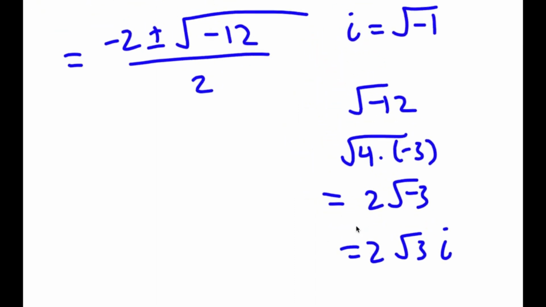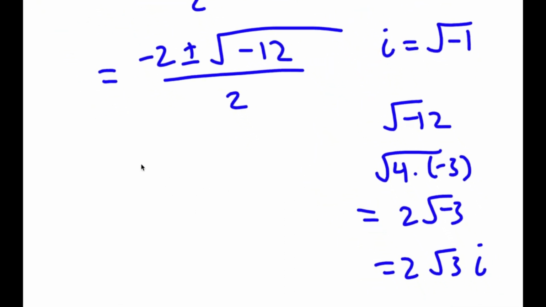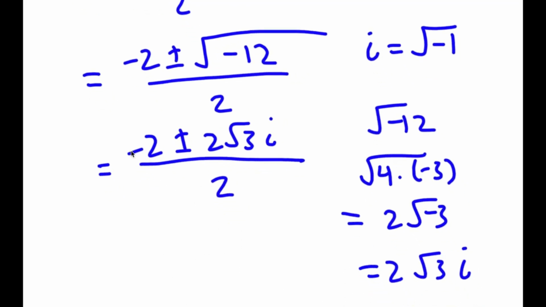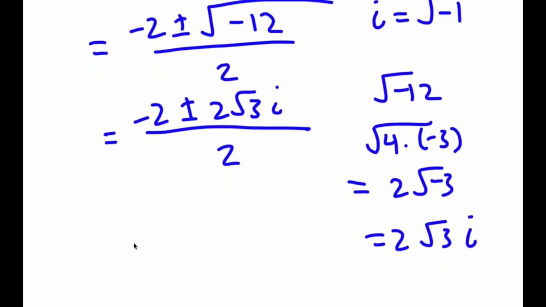So now I have negative 2 plus or minus 2 times the square root of 3 i. And we are dividing this by 2. Now 2 can divide with both of these terms.